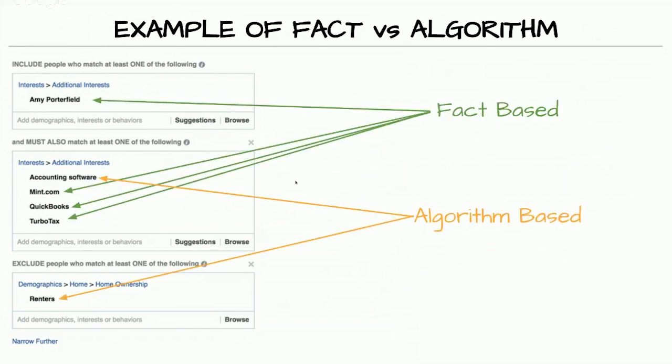Now, let's talk about fact versus algorithm and why competitors are better and why this works. You have two ways that Facebook evaluates interests or targeting, and that is fact-based and algorithm-based.